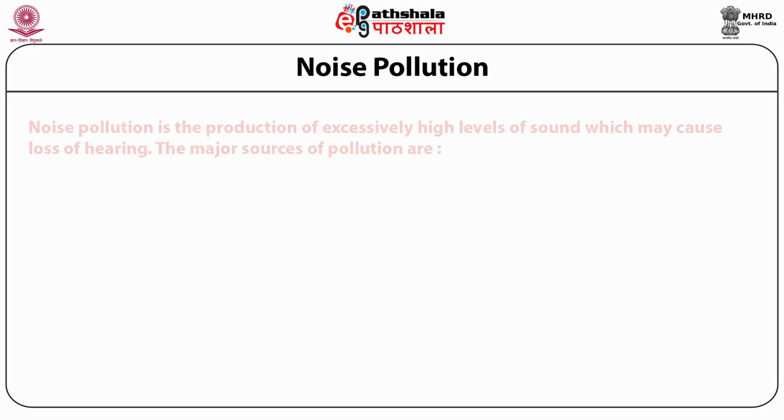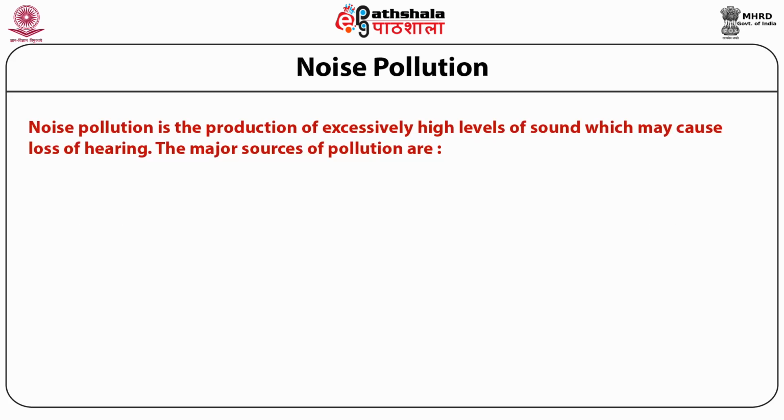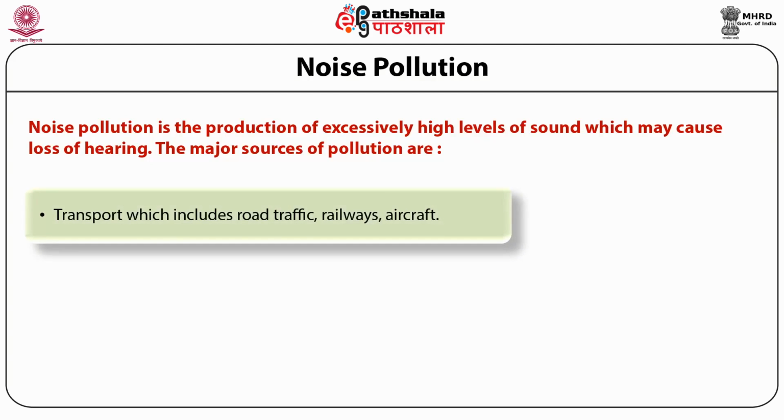Noise pollution. Noise pollution is the production of excessively high levels of sound which may cause loss of hearing. The main source of noise pollution originates from human activities. You can see in figures 11, 12 and 13. The major sources of noise pollution are: first is transport, which includes road traffic, railways and aircraft.